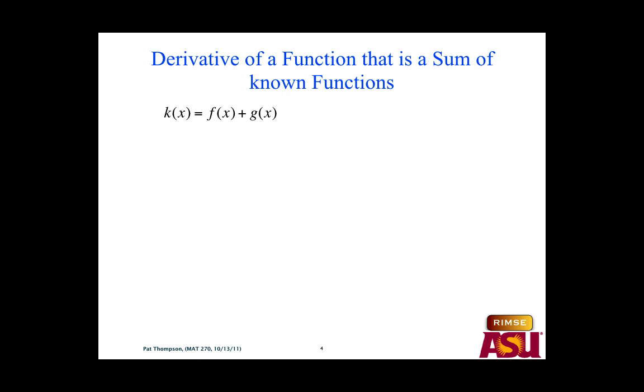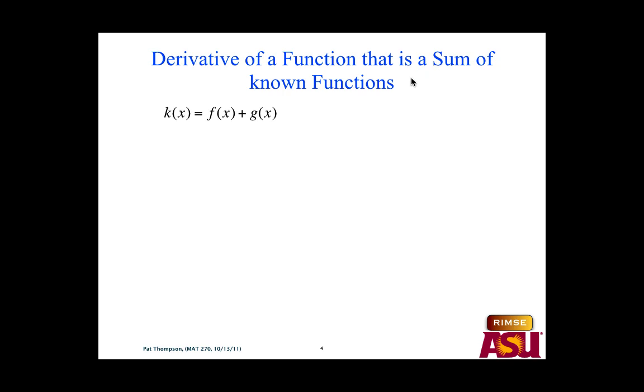Well, if I know how to find the rate of change for f of x equals x squared, and maybe I can figure out how to find the rate of change for g of x equals 2x, constant rate of change of 2, I do believe, right? Then we should be able to somehow use those to find the rate of change function for a sum of those two.